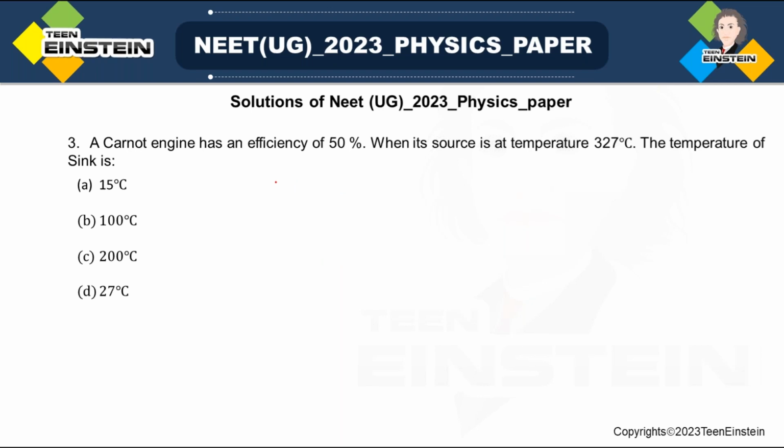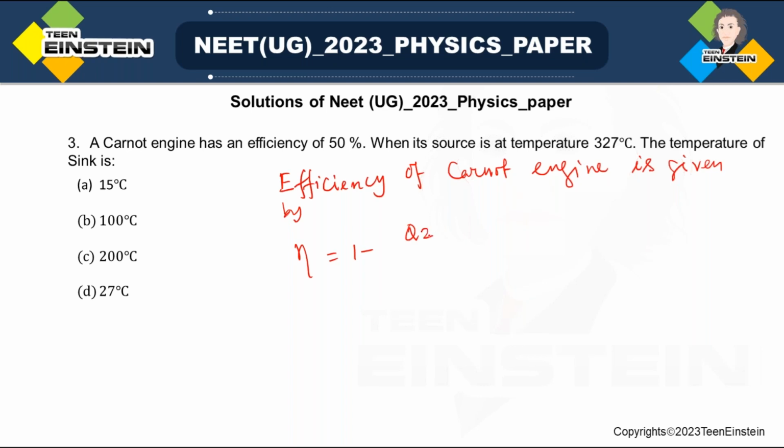First of all, the efficiency of a Carnot engine is given by eta is equal to 1 minus Q2, that is the heat absorbed, and this Q1 is heat released, and it has a proportional relation of temperature as well. So 1 minus T2 by T1.